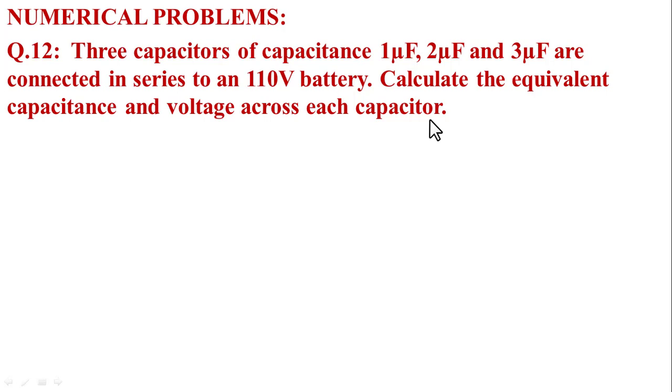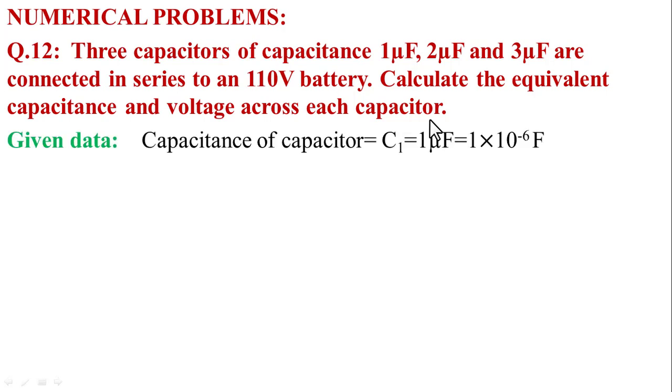Now we will find the answer according to the statement. Write the given data. Capacitance of capacitor C1 is equal to 1 microfarad, that is equal to 1 multiplied by 10 raised to power minus 6 F. Here 1 micro is equal to 10 raised to power minus 6.